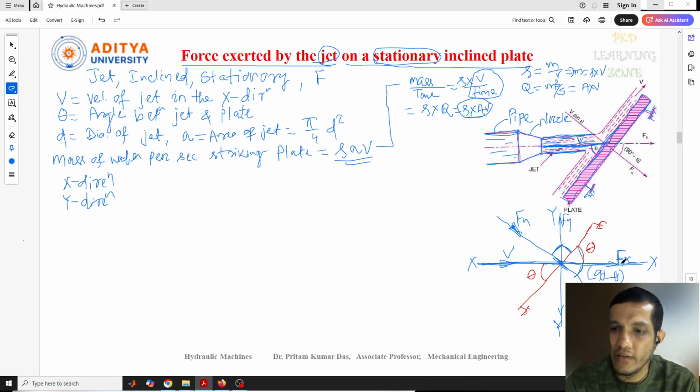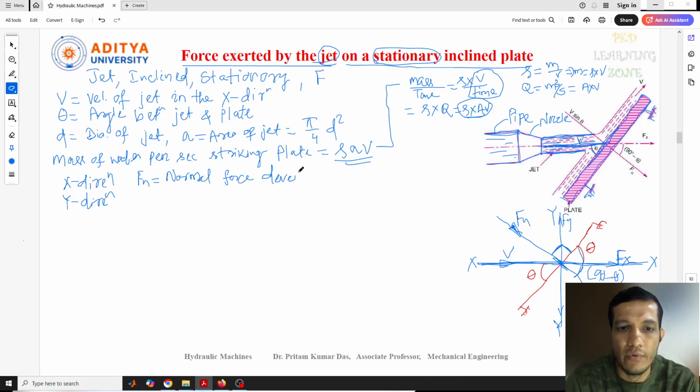So Fn is nothing but the normal force which is developed by the jet.